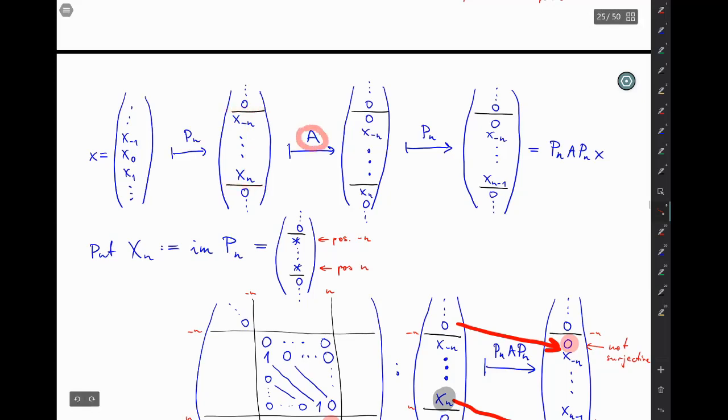Then your operator A comes in and brings you to the other side from xn to, well, not yet yn. First you're in capital Y, because you can see there's at least one entry outside the black bar, so you're not yet in yn, but of course this projection brings you down to yn, and there you are.